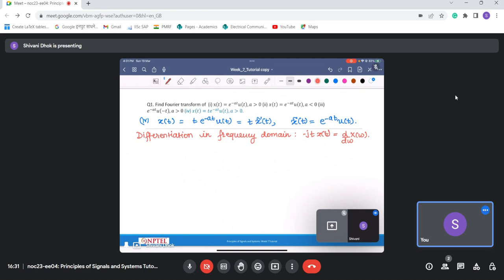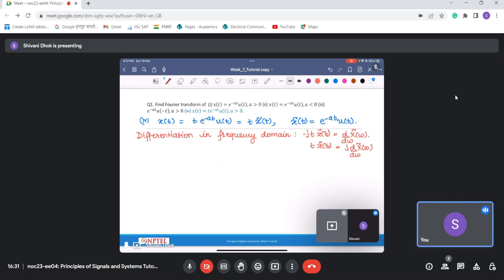So if I shift this minus j to the right hand side, then we have t x(t) is equal to j times d by d omega of X of omega, and we can just add a tilde here which won't change anything.